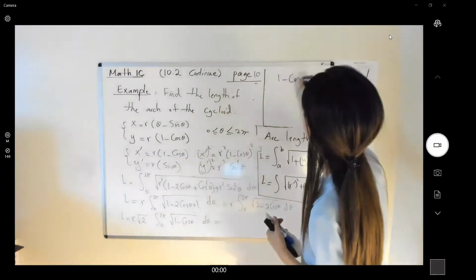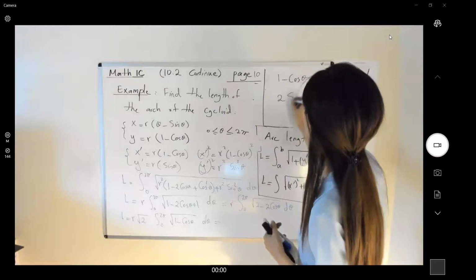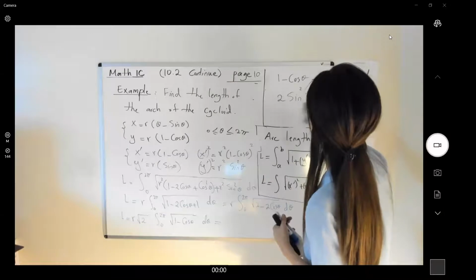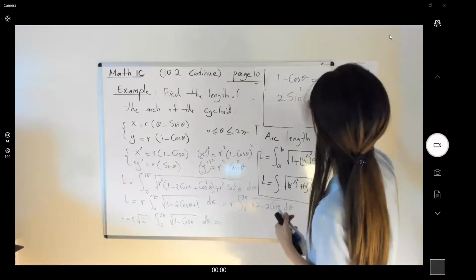One minus cosine theta is 2 sine squared of theta divided by 2.